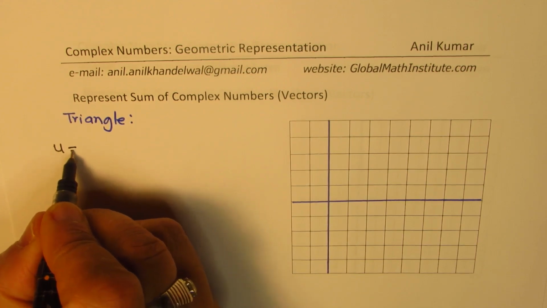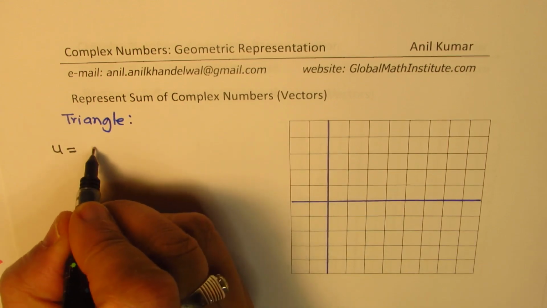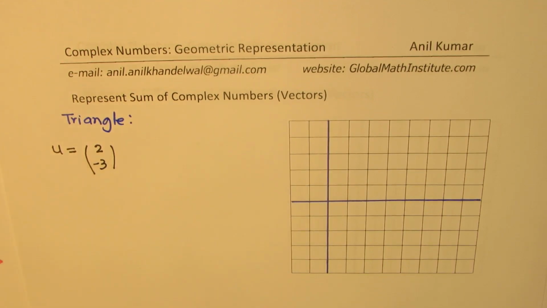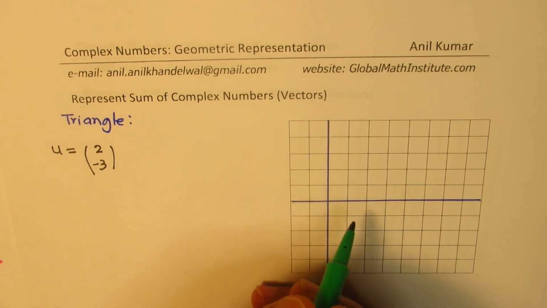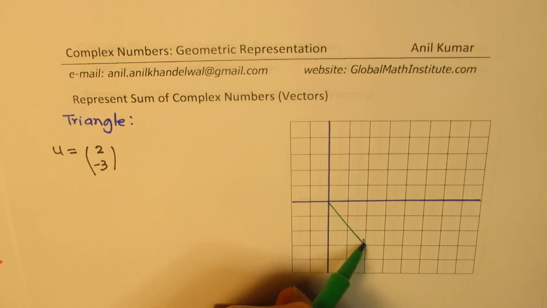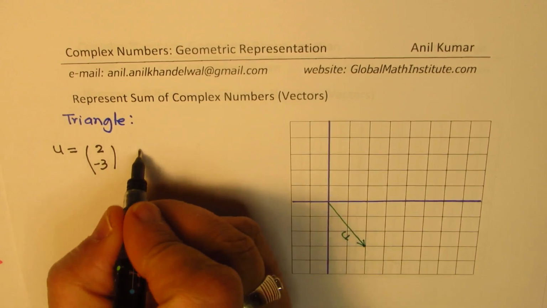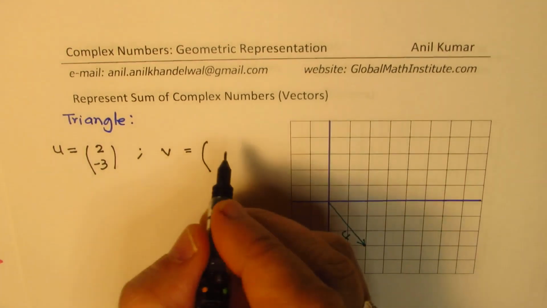Let's say u is equal to a vector which is, let's say, 2, minus 3. Let me sketch this. 2, minus 3 means here, right? So this is the vector 2, minus 3 for us, the vector u. We want to add to this the vector v, which is, let us say, 3, 5.